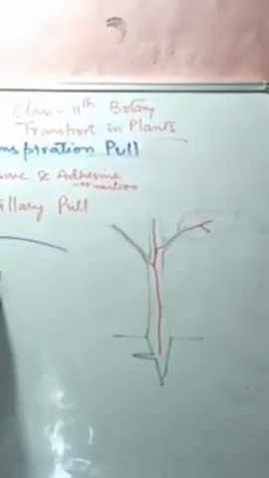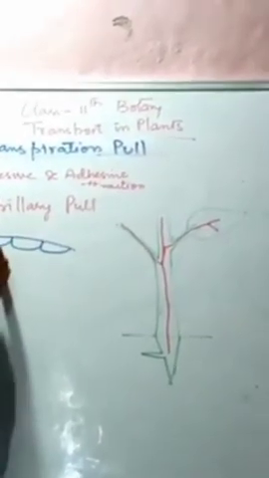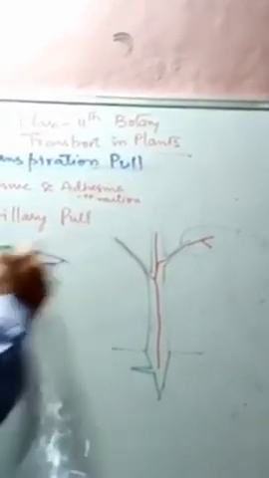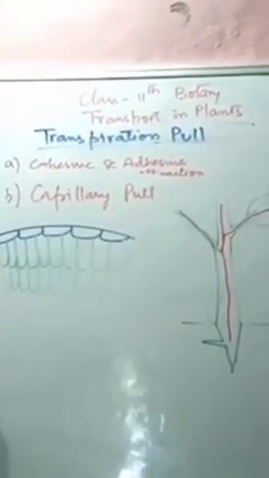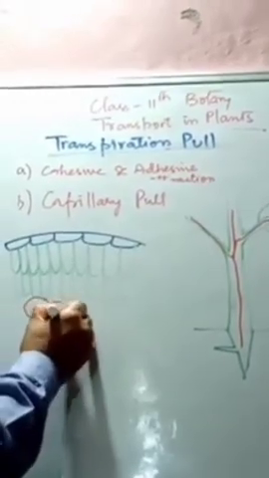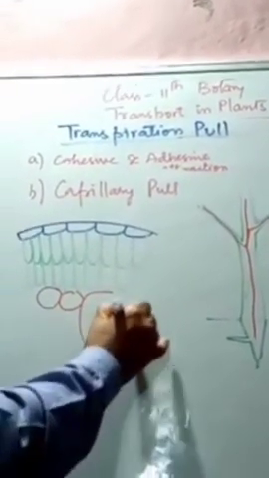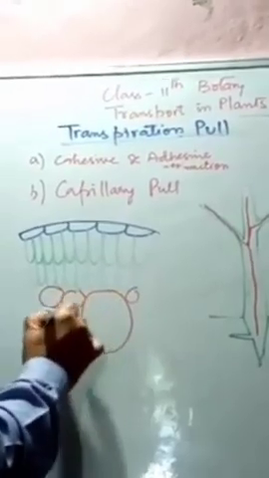If you know the structure of the leaf, this is the upper epidermis. Then we have the palisade cells which are compactly arranged, then after that the spongy cells which are loosely arranged, and we have this, what we call the vascular bundle.